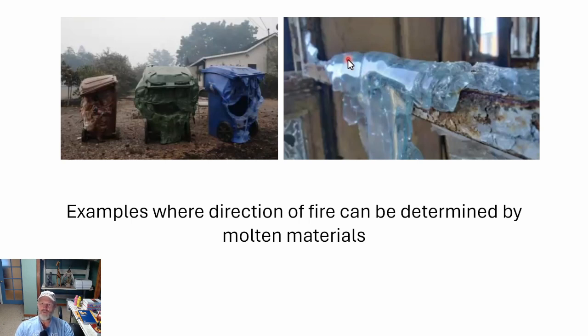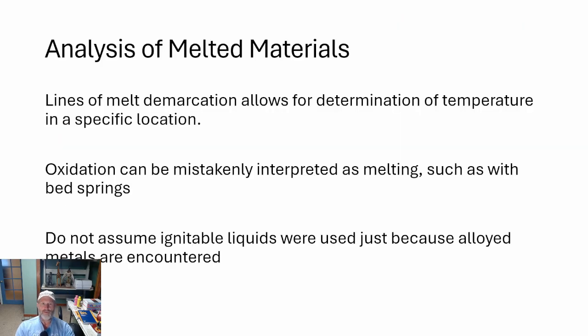Similarly, look at the glass patterns in the left image. If you have a series of windows that show some softening and others don't, almost like a demarcation between the softened glass and the non-softened glass, that's going to help you narrow down where the hotter fire may have been. So lines of melt demarcation allow for determination of temperature in a specific location.